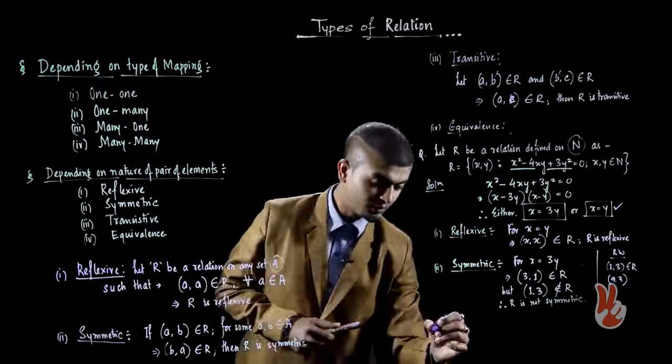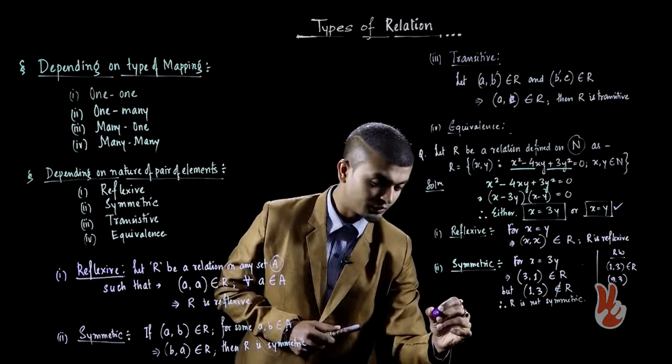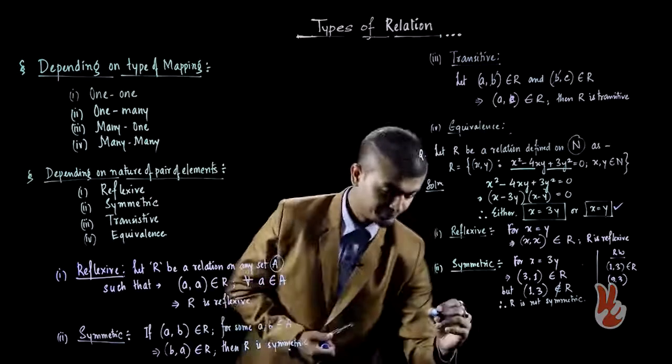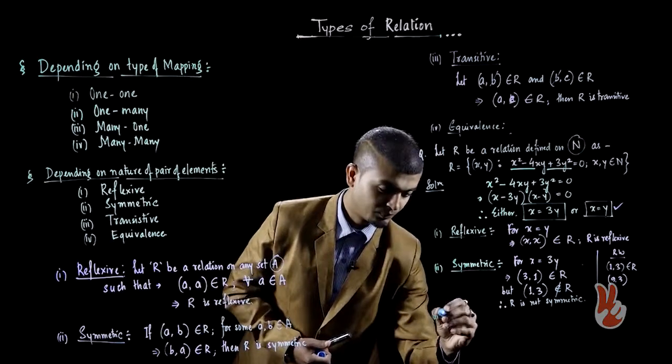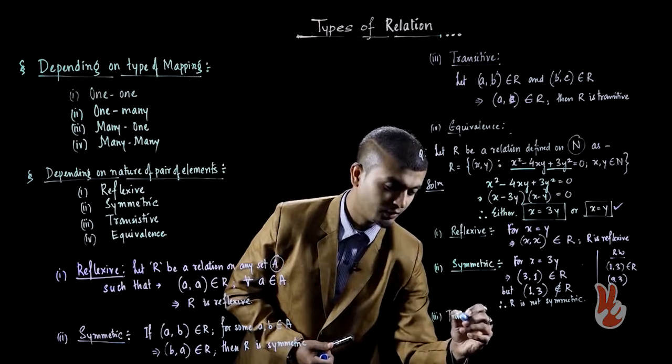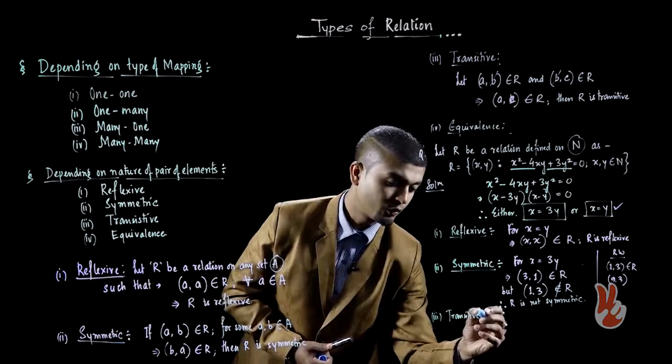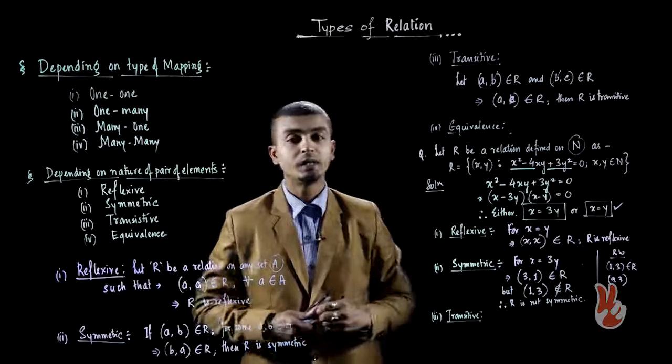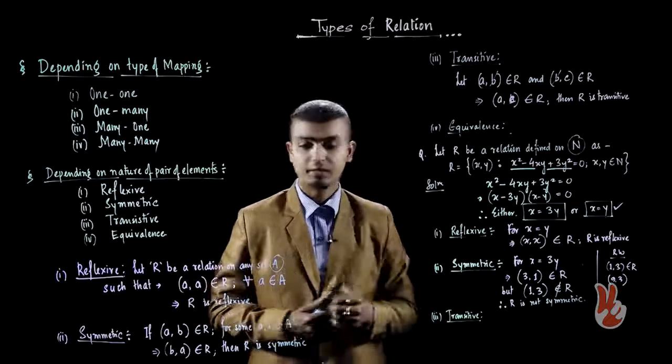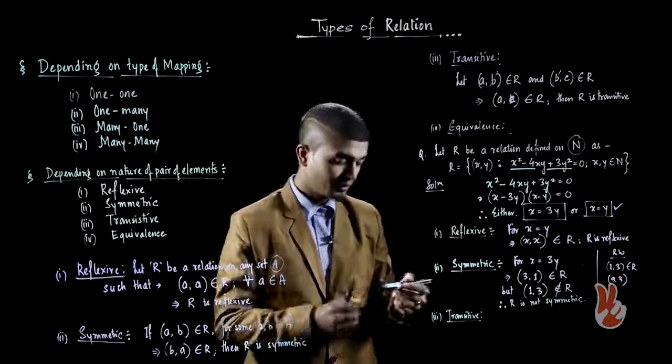Now, the last one is transitivity. For this I will take two pairs, as I have already discussed in the theory.